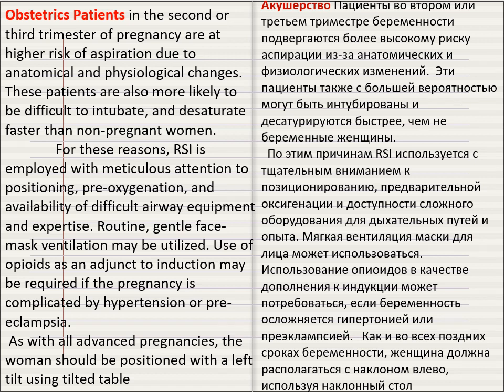A routine gentle face mask ventilation may be utilized. Use of opioids as an adjunct to the induction may be required if the pregnancy is complicated by hypertension or preeclampsia. As with all advanced pregnancies, the woman should be positioned with left tilt using a tilt table.